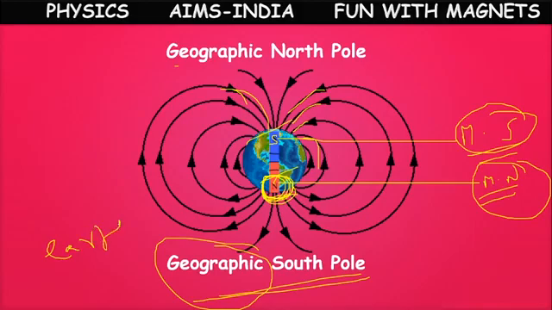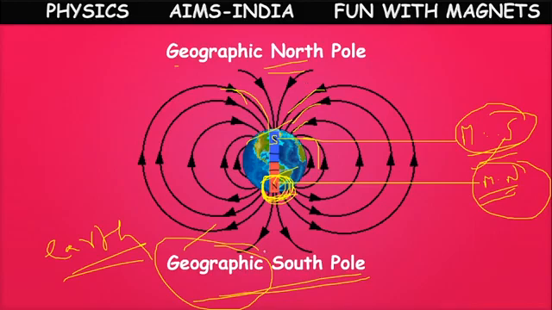What is the geographic south pole? The south pole of the earth. Here magnetic is different, geographic is different. The magnet has two poles, called the magnetic north pole and magnetic south pole. But the earth also has two poles, one at one end, another at the other end.